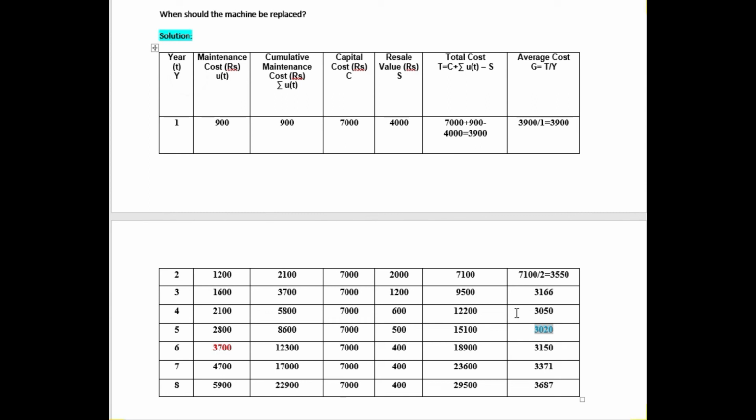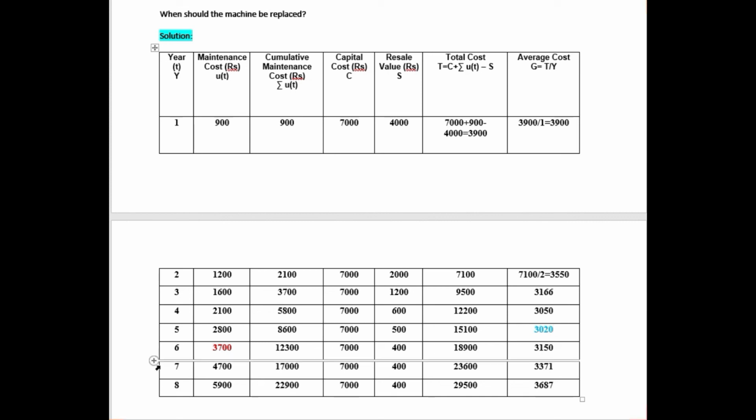So look at these two values. At the end of fifth year, the average cost will be 3020 only. But for sixth year, the machine consumes 3700 rupees for maintenance, which is greater than the average cost in the previous year.